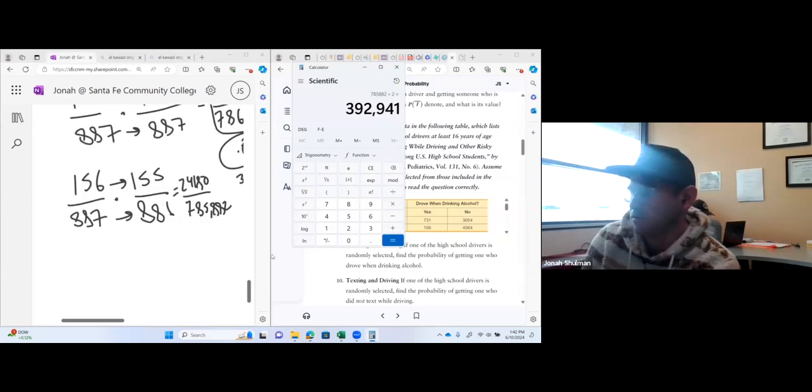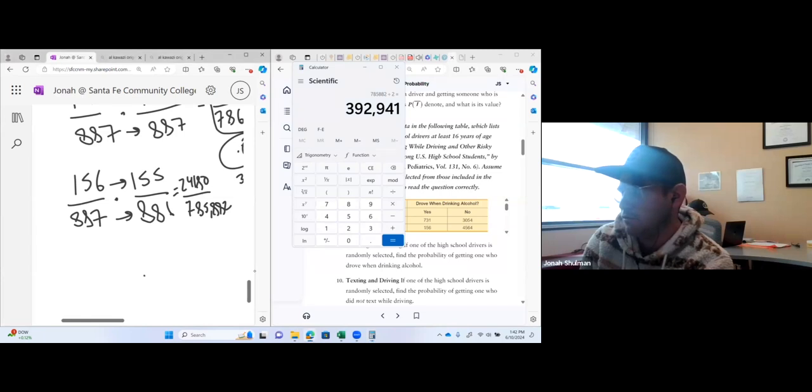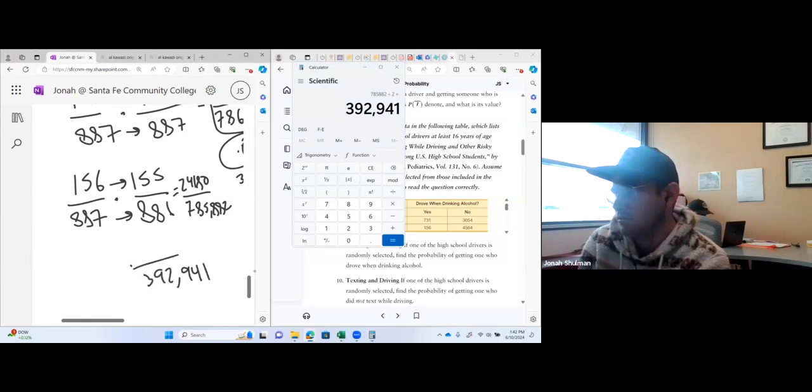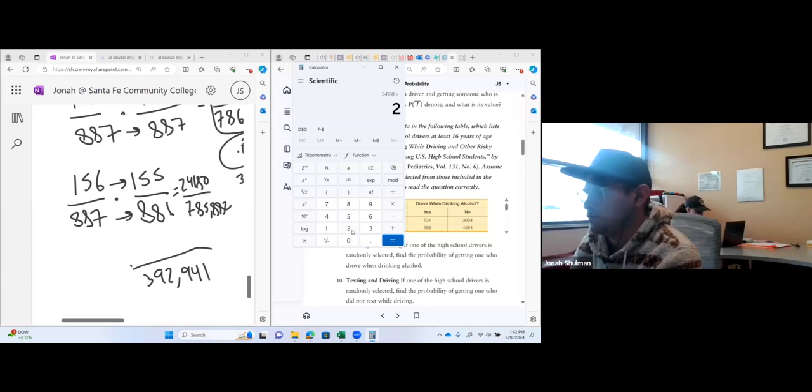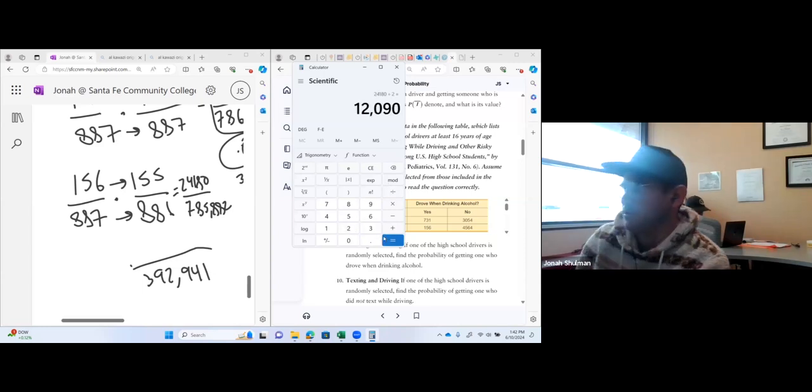So the bottom is really 392,941. The top is 24,180. 180 divided by 2 is 90, so 12,090.